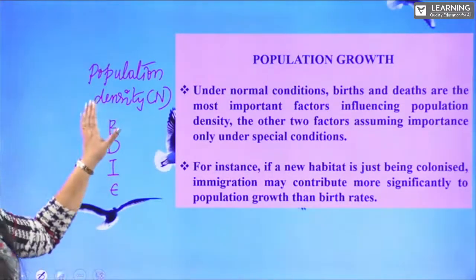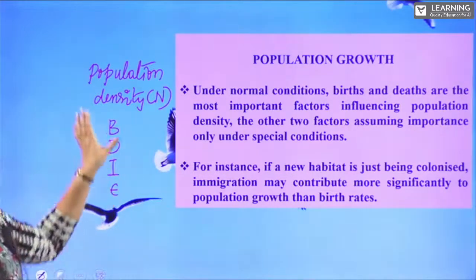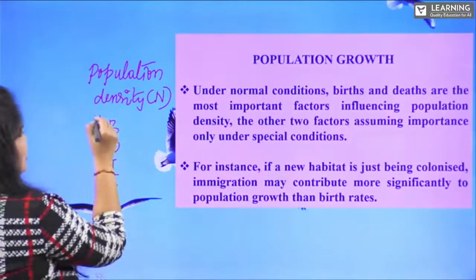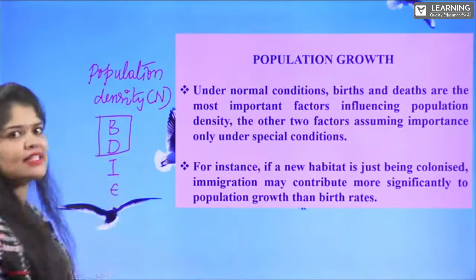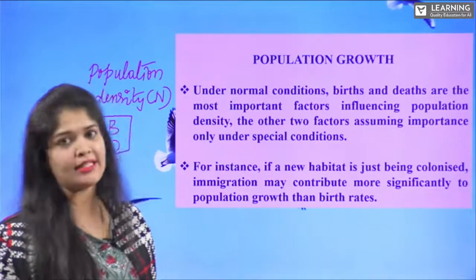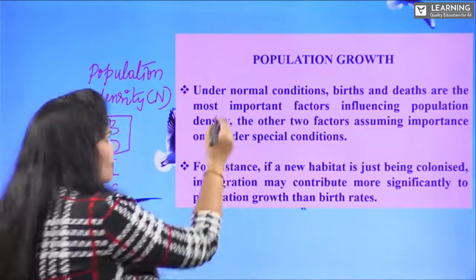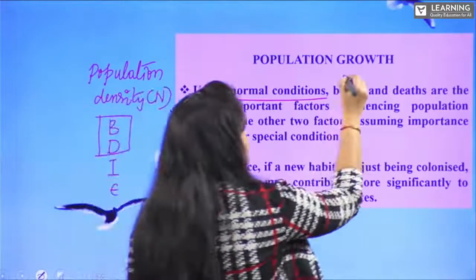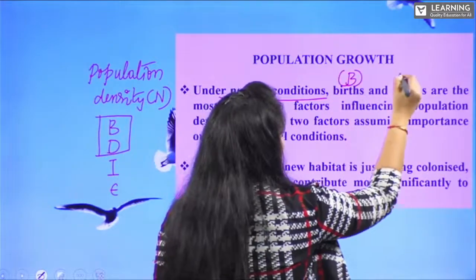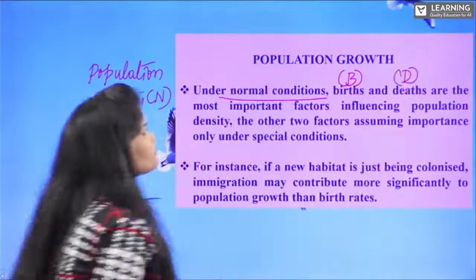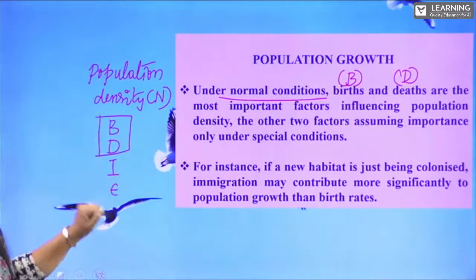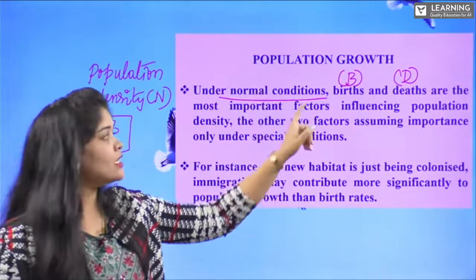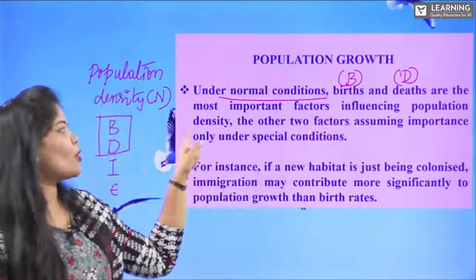Though all these four basic processes influence the changes happening in population density, mortality and natality are going to show the greatest influence. Look here. Under normal conditions, births and deaths are the most important factors influencing population density.